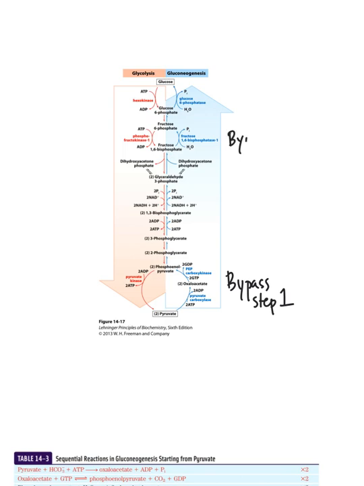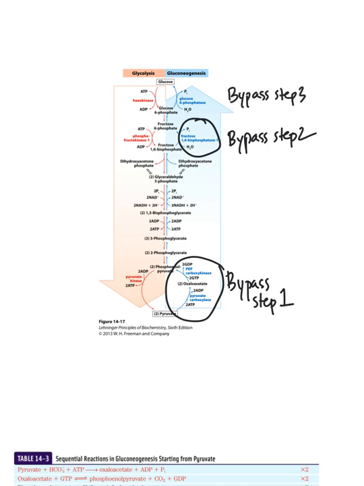This is bypass step 2, and this is bypass step 3. These are called bypass steps because these steps in glycolysis cannot just go backwards using the same enzyme. All the other steps do use the same enzyme and just go backwards.